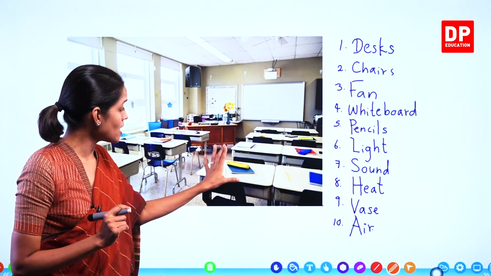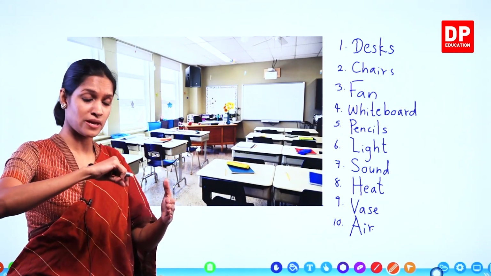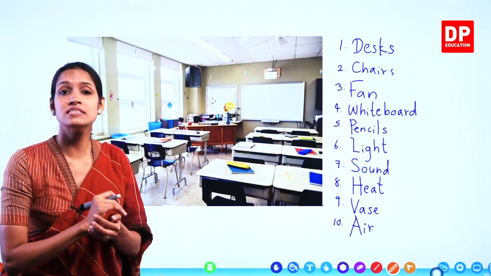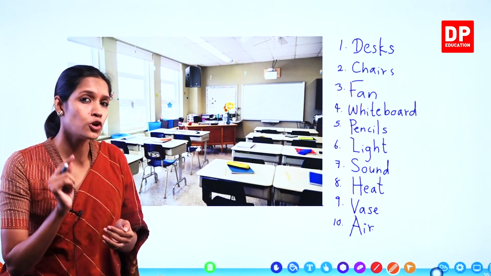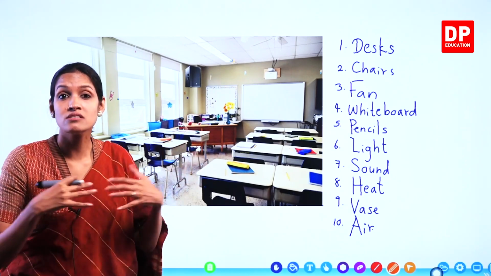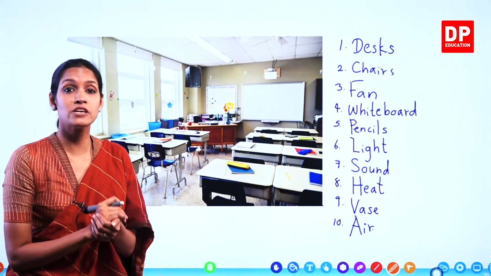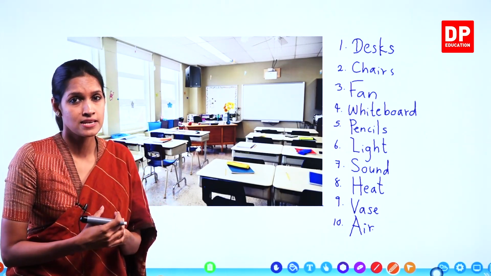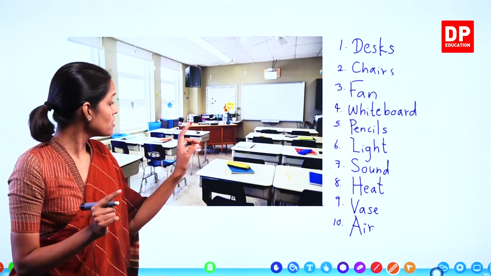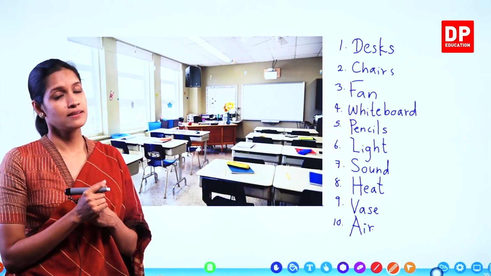But what will happen if I keep on inserting pencils into the same pencil case? At one point, what will happen, children? That pencil case will run out of space and you can't even close the pencil case because it is full of pencils. So it's very clear the pencil needs some space.